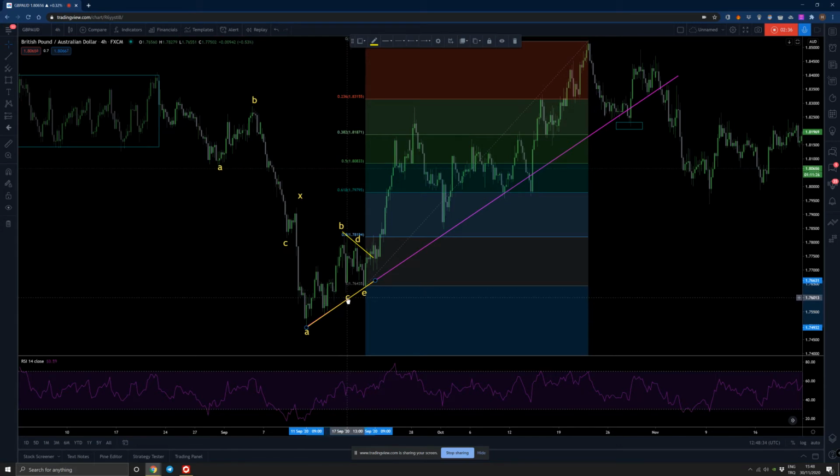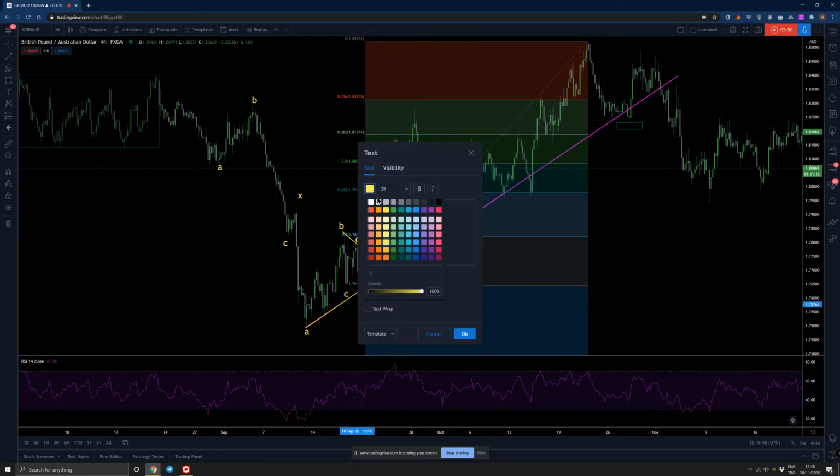I can count that as well. It can be A and E, it can be a C and E, it doesn't change the fact so much. So if that's the case that we are looking for here, then what starts next and also what ends here on the bigger degree? Now, let's say that something ended here.